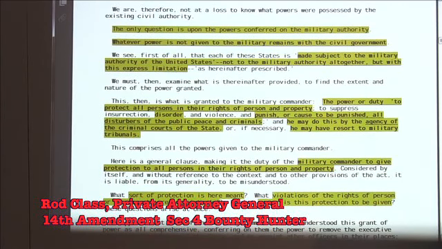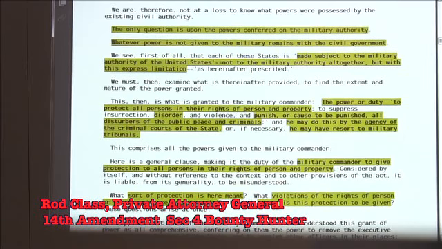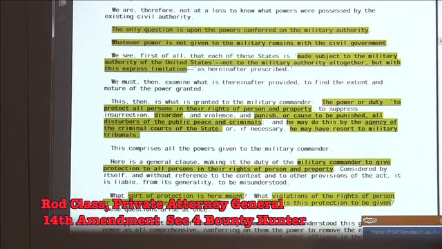Now, I want to remind you people of something. Courts have ruled the police officers have absolutely no obligation to protect the citizens. Not their job. If you dial 911, they don't have to show up.